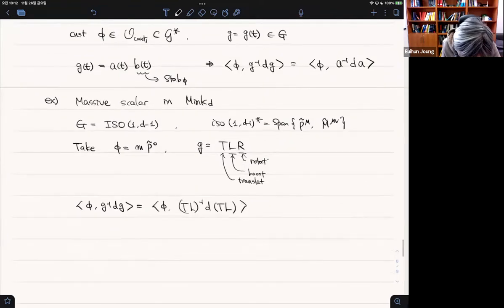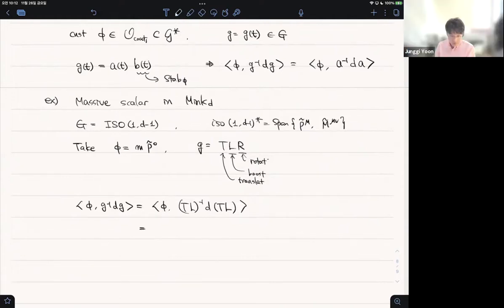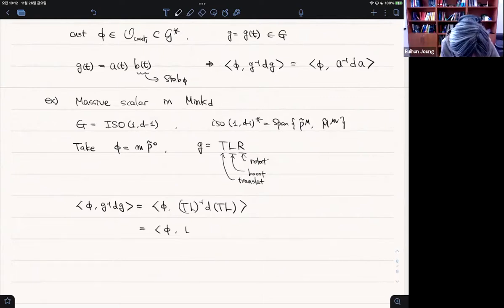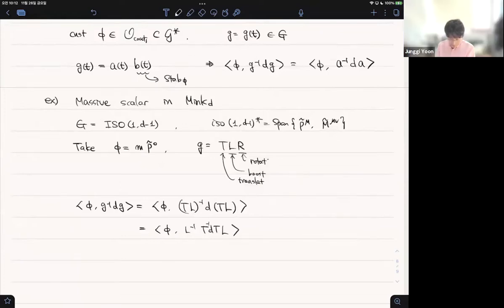But once again, the part where D acts on L will simply decouple, because with phi, L inverse DL is essentially 0, if you like. Phi is only in the translation directions. So in this way, we can easily see that it's effectively only T inverse DT and L.